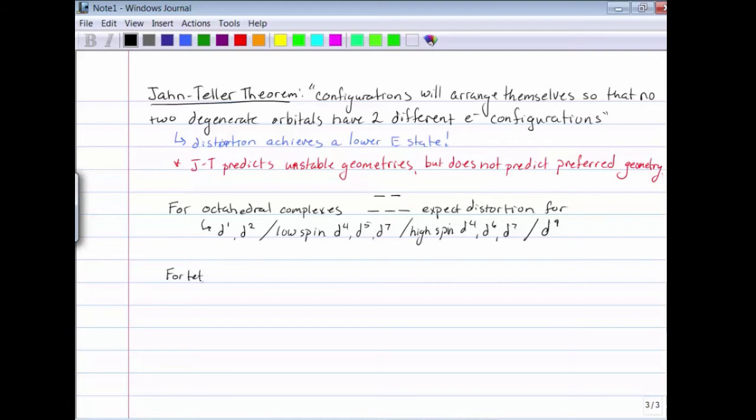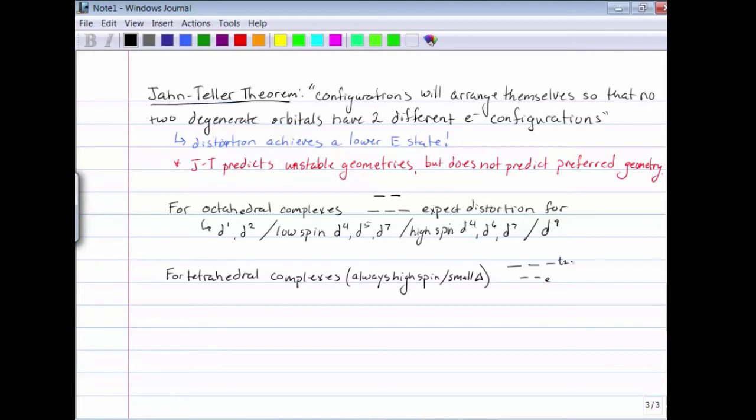For tetrahedral, remember that tetrahedral complexes are always high spin because they have a small delta. The splitting looks like this, where you have 3 on top, 2 on the bottom. Remember that the bottom is e, not eg, and the top is t2 rather than t2g.